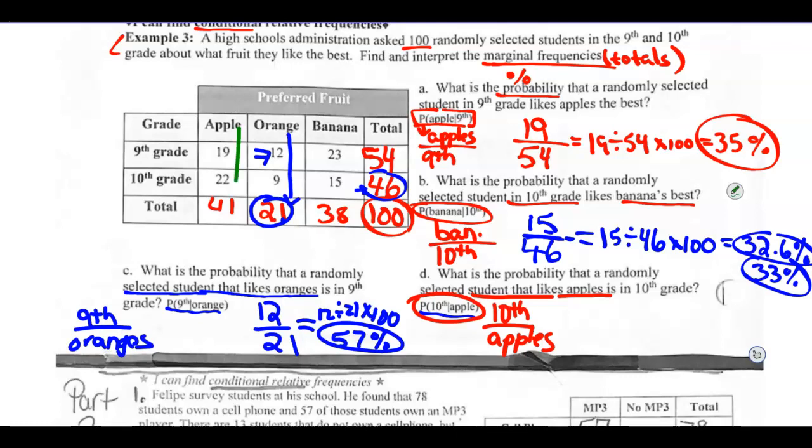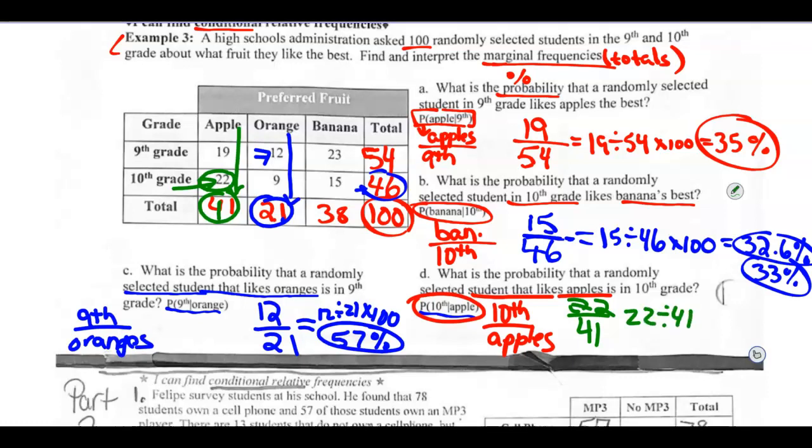I'm going to follow that down. This is my total that I'm going to use this time. So it's 41 on the bottom. That is the students that like apples. And then it wants to know how many of them are in 10th grade. So I'm looking at this same piece, but I'm going to look at the 10th grade number to put on top. That's my part. So the last thing, I have 22 divided by 41.